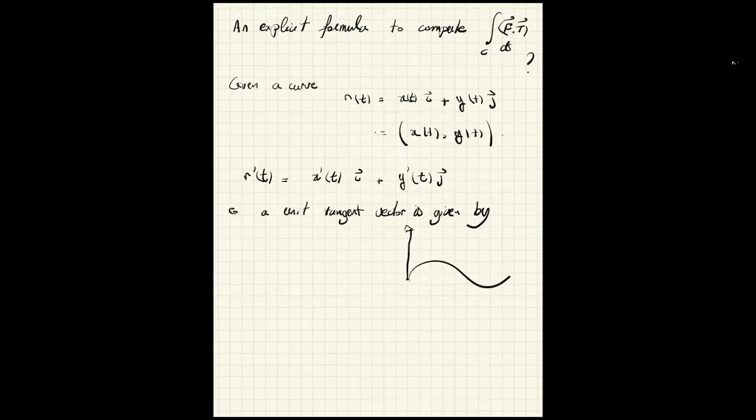So you have to renormalize R prime. A unit tangent vector T(t) is R prime divided by the norm of R prime.